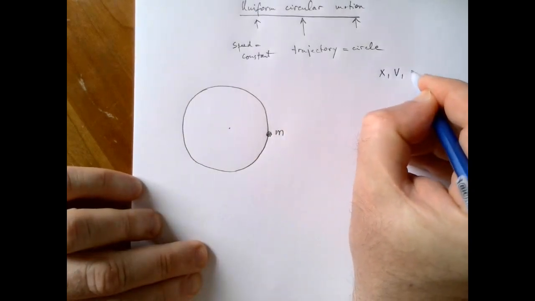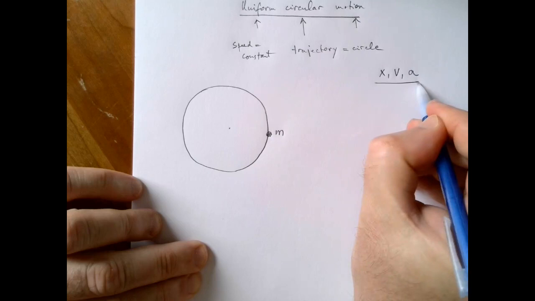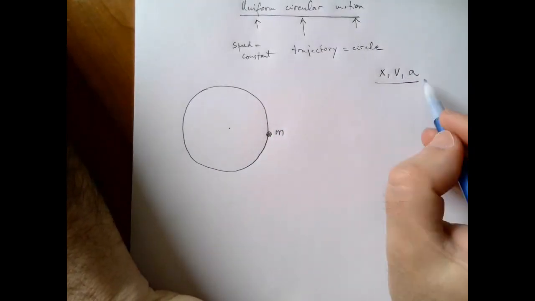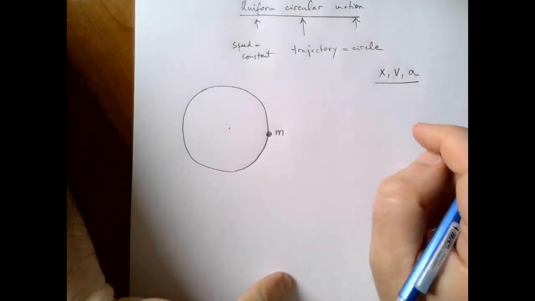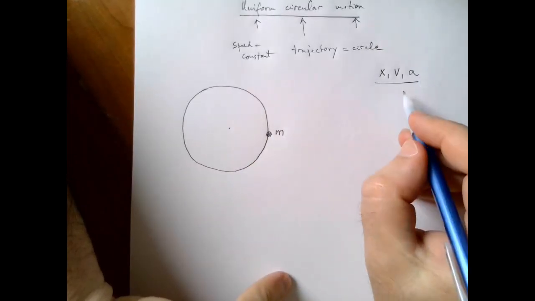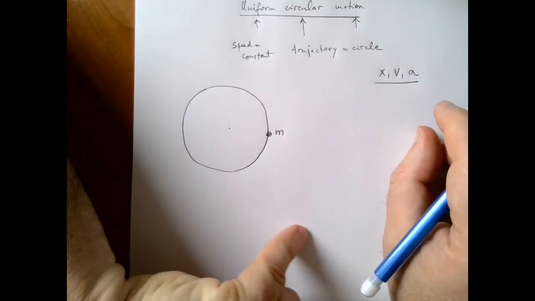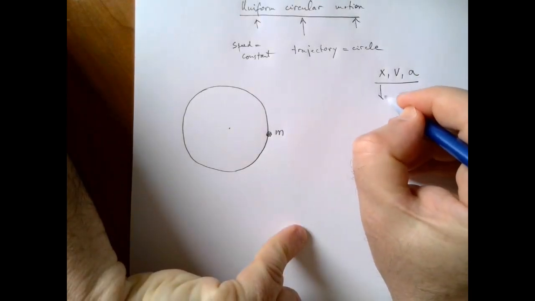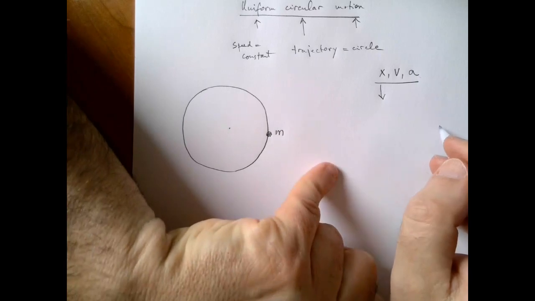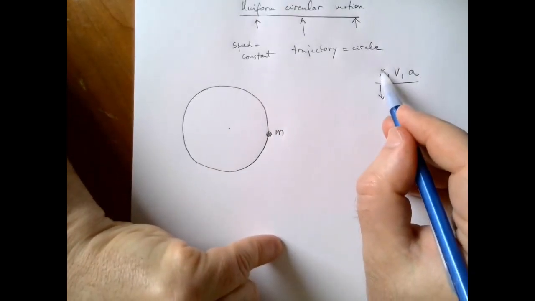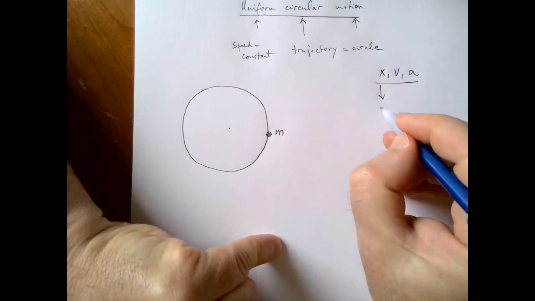For linear motion, we had position x, velocity v, and acceleration a. We need something similar for circular motion. When it comes to circular motion, we are not referring to the displacement x anymore.